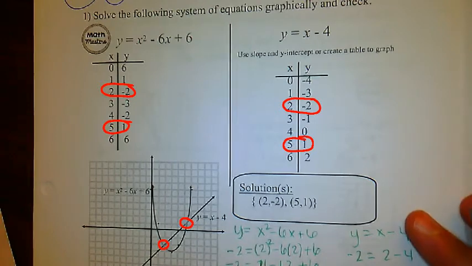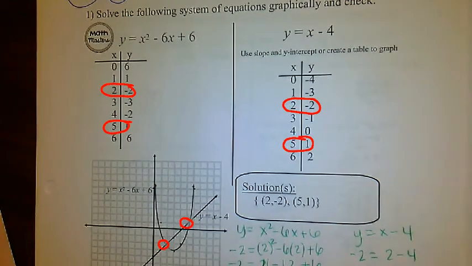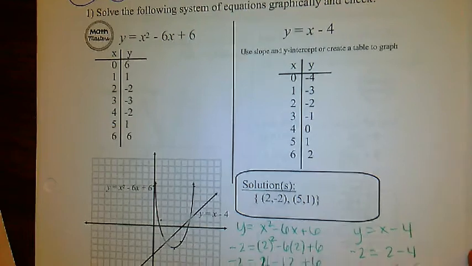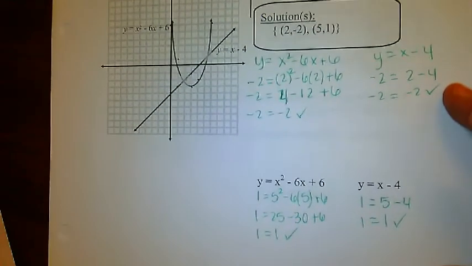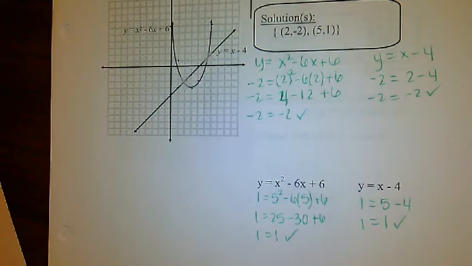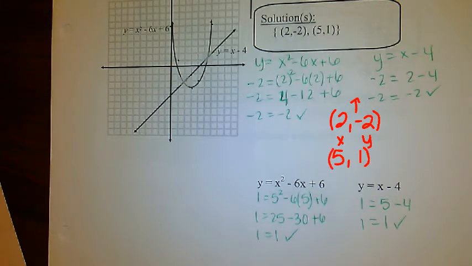Now, to make sure you graphed them correctly, you also have a little spot to check. We have 2 solutions, so you're going to have to do your check twice. For the first one, I substituted in 2, negative 2, so everywhere I see an x and everywhere I see a y. And for 5, 1, I put a 1 in for my y and a 5 in for my x.